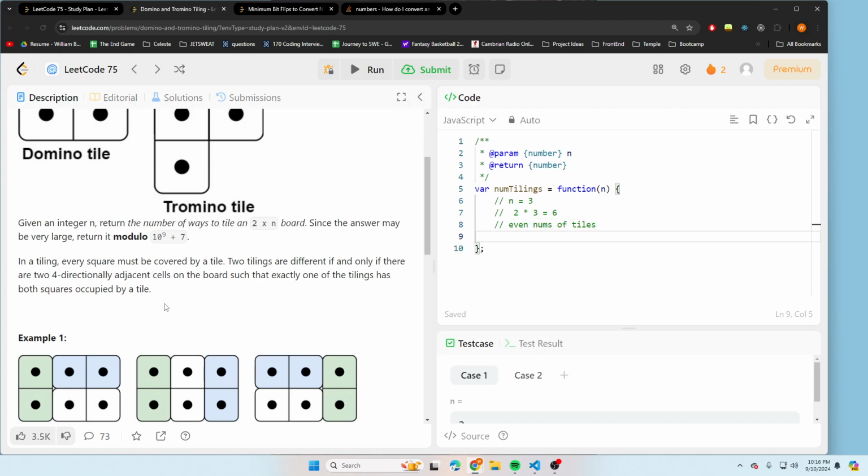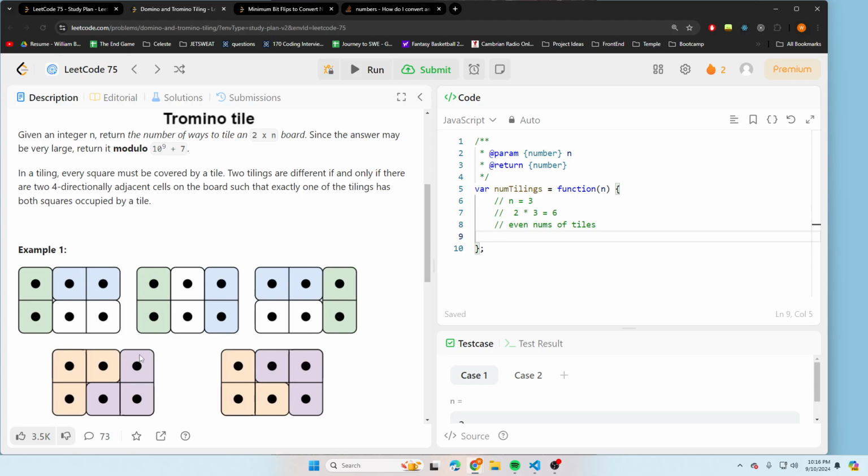And then what do we know? For 6 we could do it this way. Wow, there's so many combinations, no? You put it top here, put it top left. Oh, it doesn't matter how, it just matters that you place it.